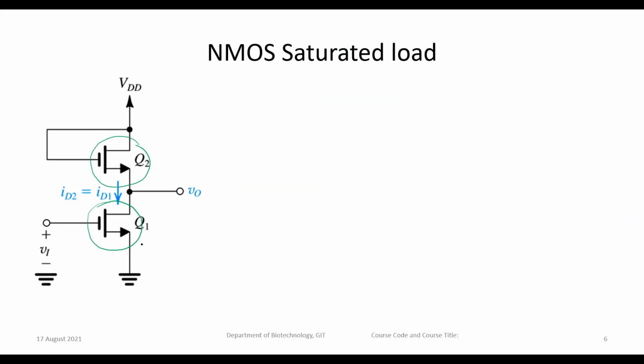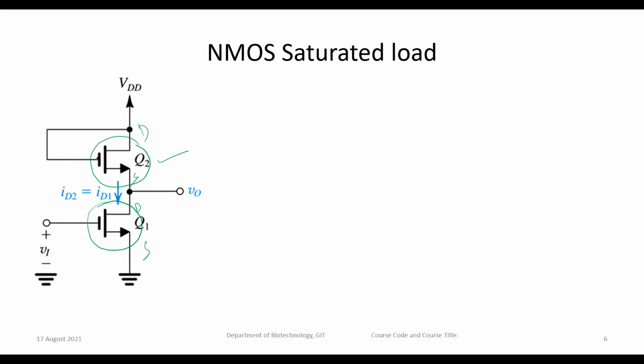M1 or Q1 has its source grounded, and this is the drain. For the Q2 transistor, this is the source and this is the drain. The gate of the Q2 transistor is connected back to the drain, so that VDD is applied to both the drain as well as the gate of the Q2 transistor.